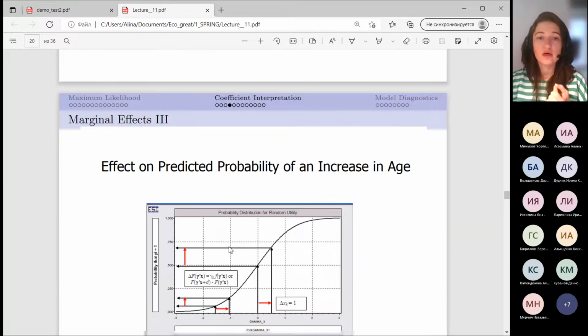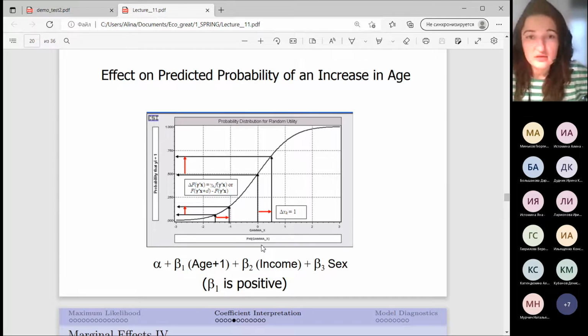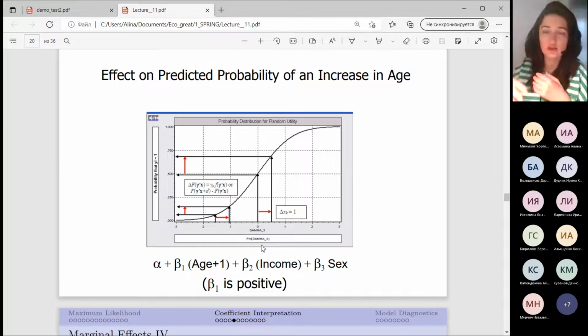So you remember from the previous seminar that when you apply the logit or probit models in Stata, you just run the command probit, then specify all your variables, or you just run the model logit and then specify all your variables. And you will see some output, some table, with the coefficients. So from this output, you can take a look only at the significance and the sign of the coefficients, and that's all.